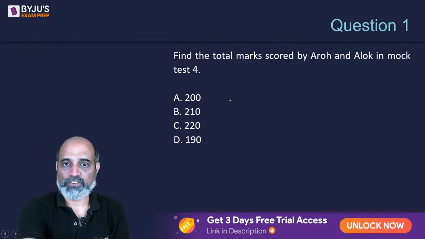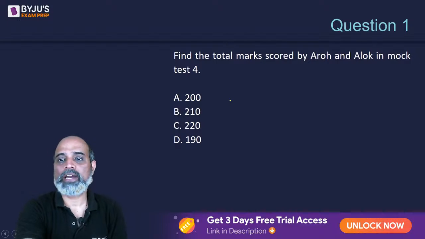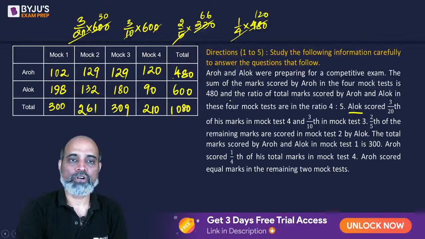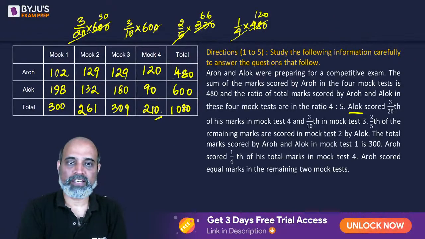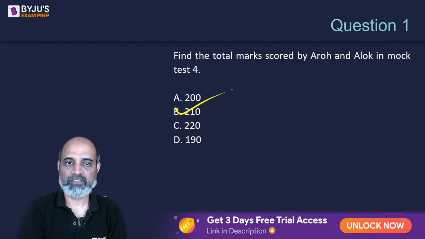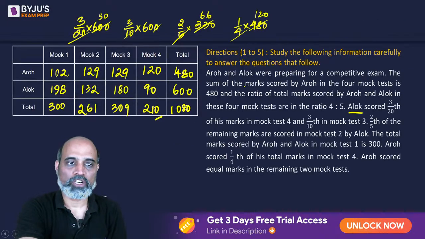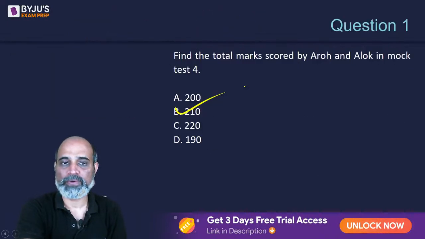Now, first question. Find the total marks scored by RO and Alok in mock test 4. So mock test 4 together it is 210, right? Find the ratio of marks scored by Alok and RO in mock test 2. In mock test 2 it is 132 and 129.